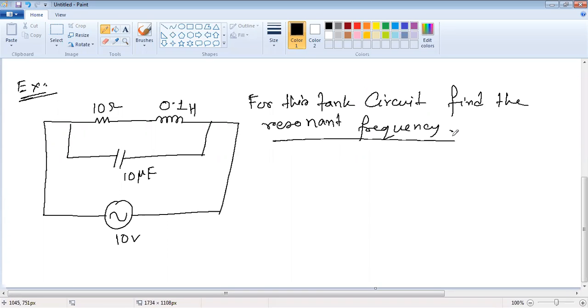You just have to calculate and put the formula over there. And for the parallel circuit, I think you know, but just do it. Or if you forget, then I will do this.